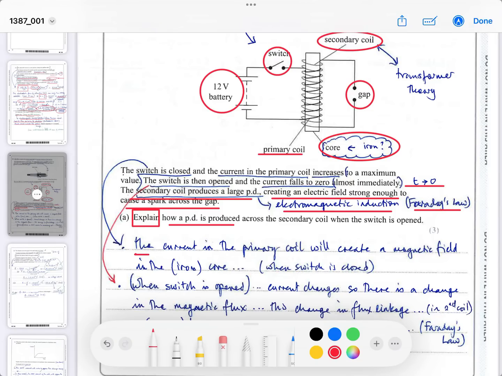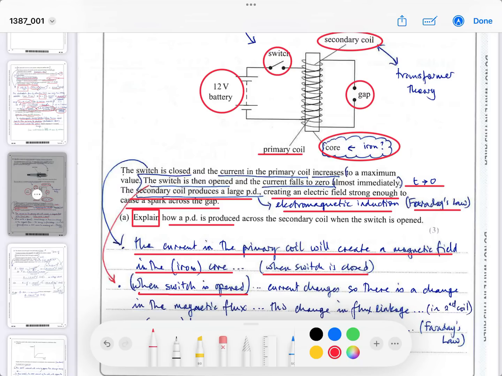When the switch is first closed, the current in the primary coil will create a magnetic field, which is increased substantially by having an iron core, because an iron core is a soft magnetic material, so it's easy to magnetize. So this is the initial bit where the current produces a magnetic field.